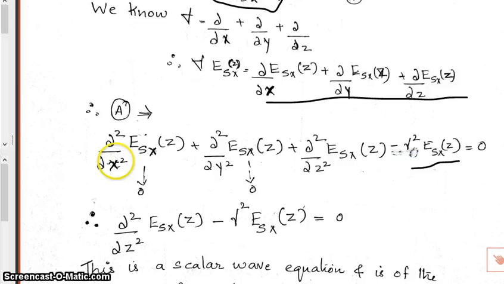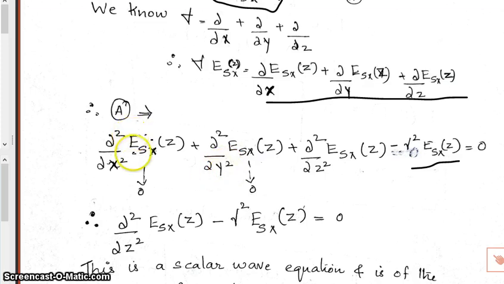Now here the first two terms will be equal to 0. Why? Because here the electric field is along the x-axis, here the electric field is along the y-axis. That is, this is the dou square by dou x square term and this is the dou square by dou y square term, right?